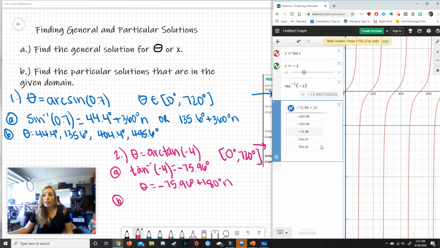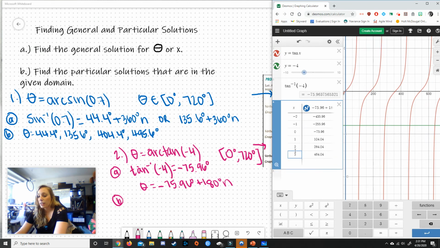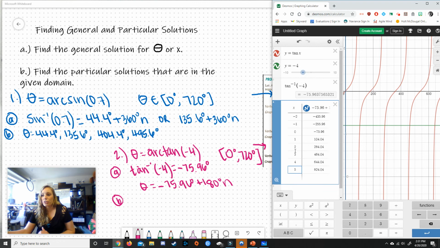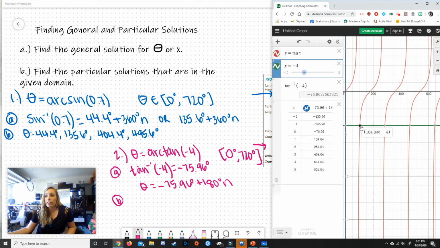Then you can look down until you get to 720 degrees. These are giving us exactly the same answers as clicking over here. That's what you're going to find. But it puts us in this nice clear format.